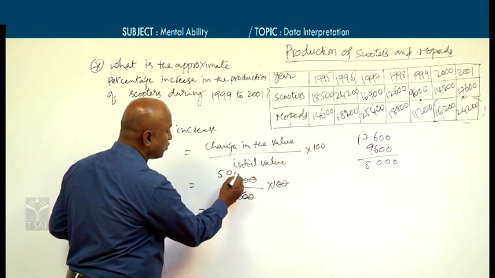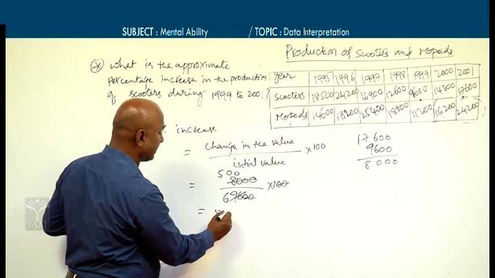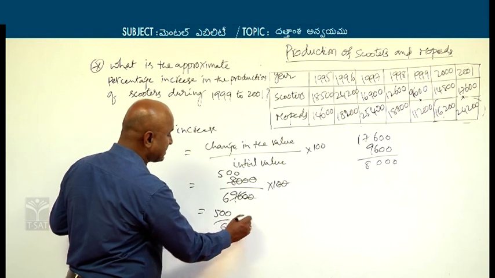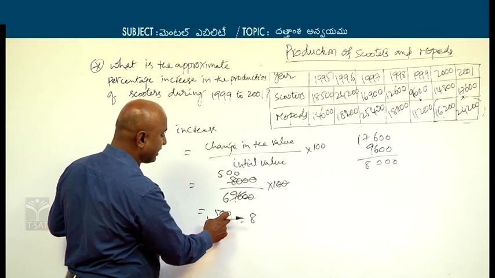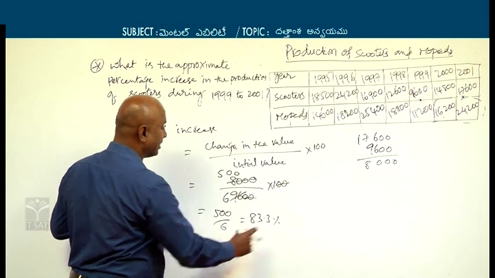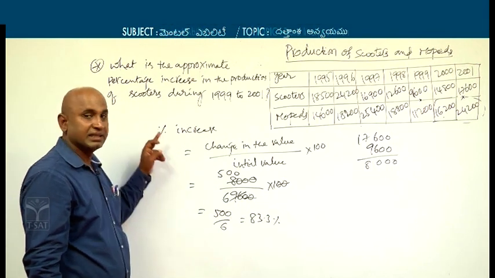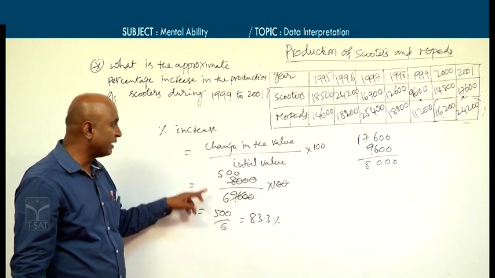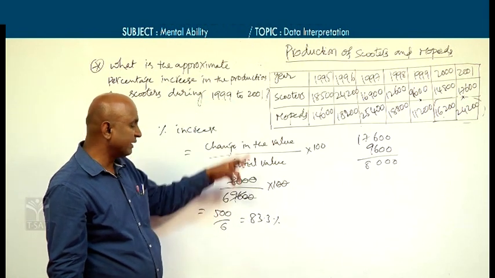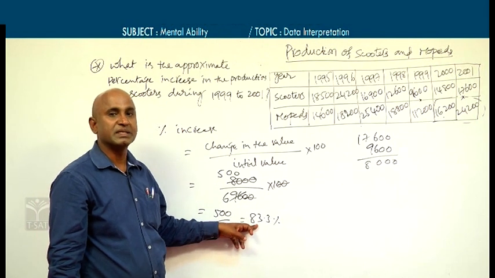And this is 200, 2 zeros are there, that is equal to 500 by 6. So 500 by 6 is equal to 83.3%. So the percent increase in the scooters production from the year 1999 to the year 2001 is 83.3%.